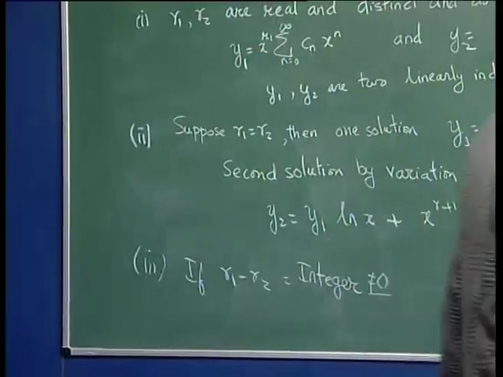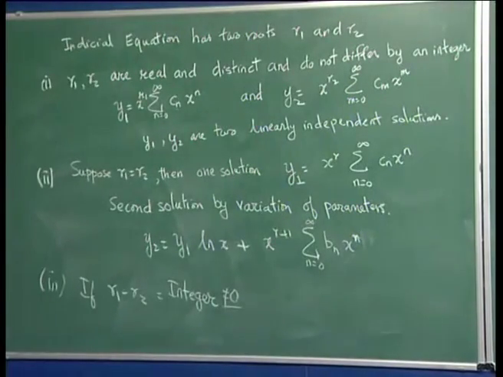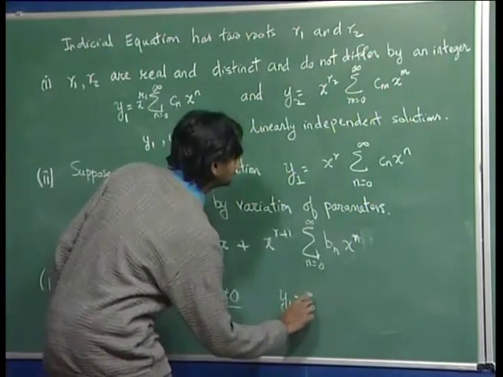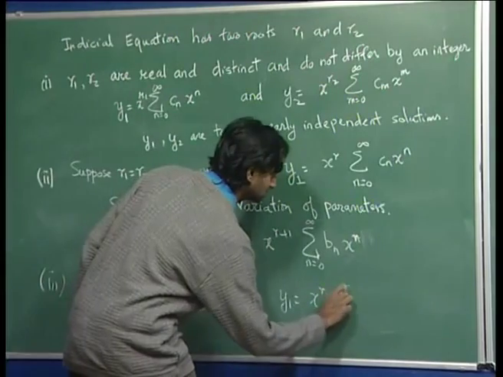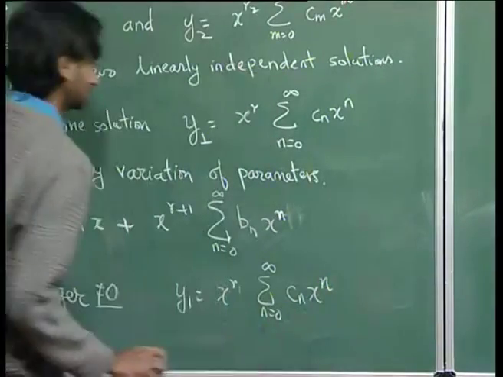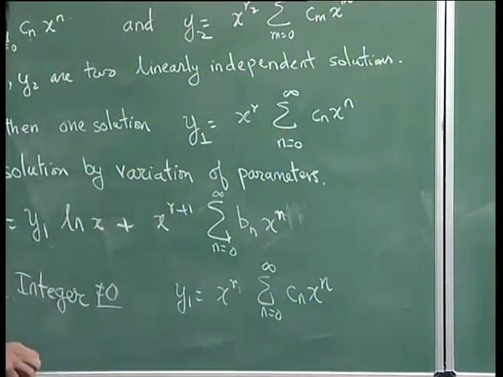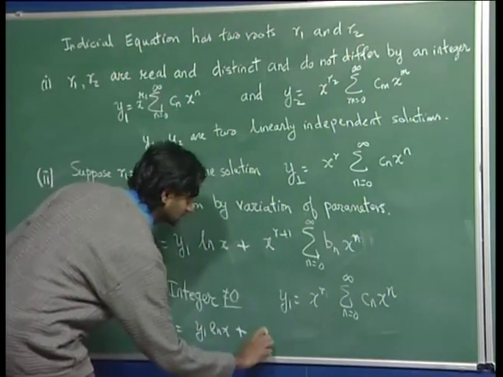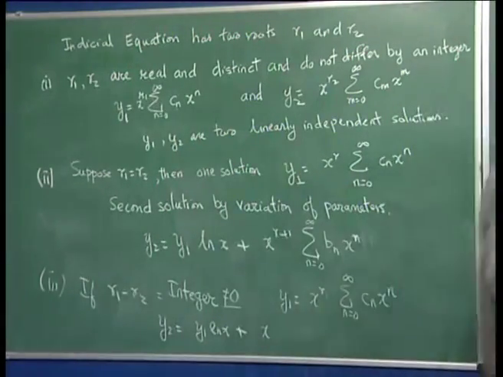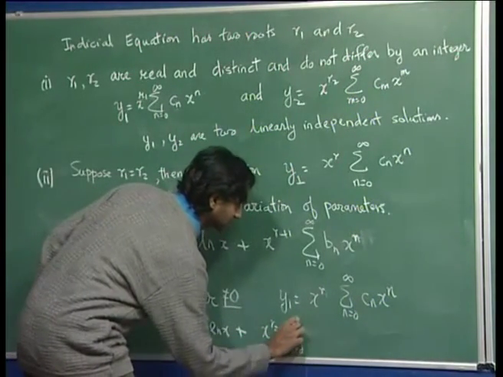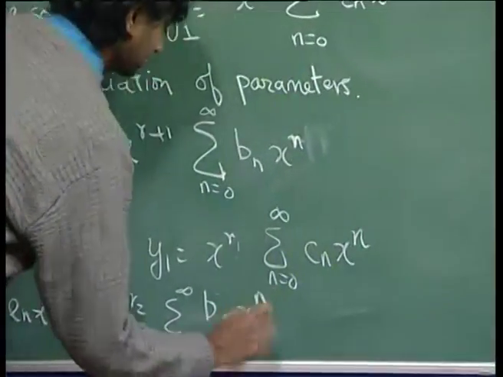Okay. And in this case too, you can do exactly the same thing. You can calculate the first solution, y 1 is equal to x raised to r 1 times the sum over n of a n x raised to n, and y 2 you can determine by variation of parameters, and y 2 turns out to be y 1 ln of x plus x raised to r 2 sum over n equal to 0 to infinity b n x raised to n.